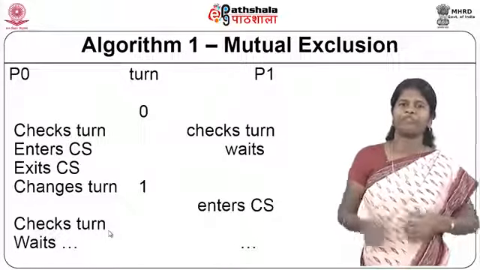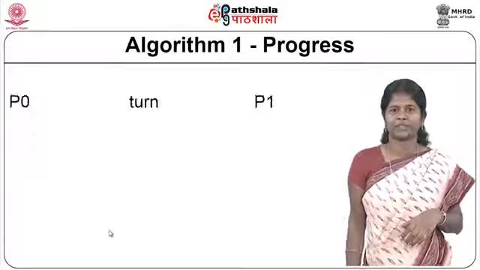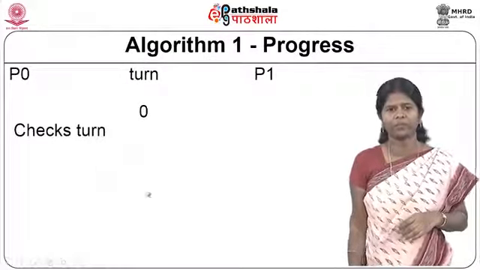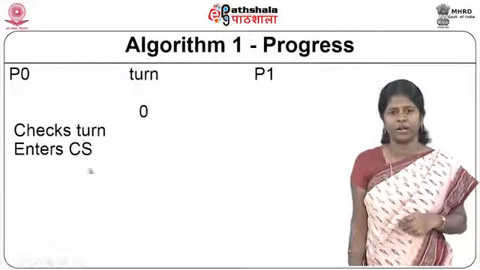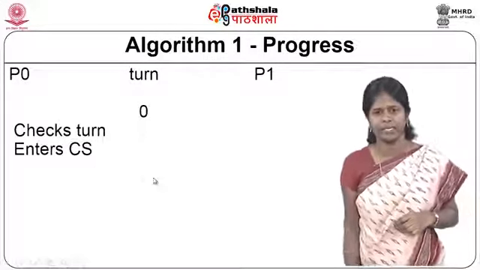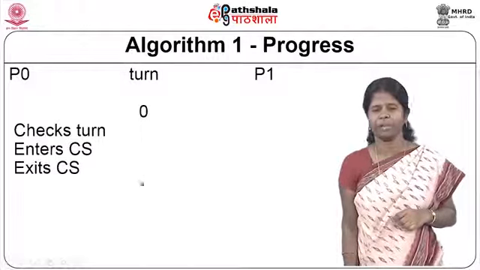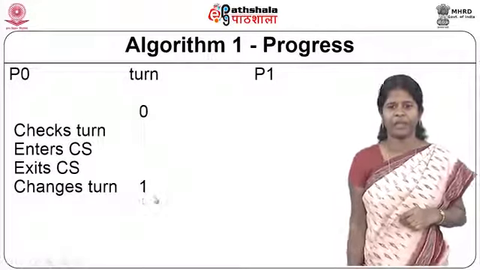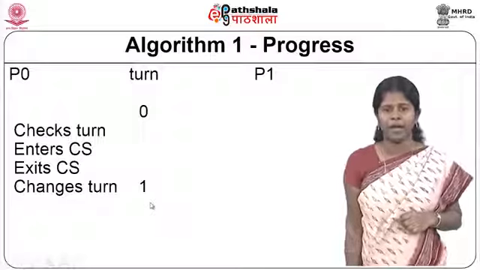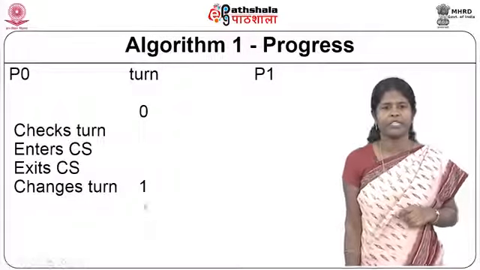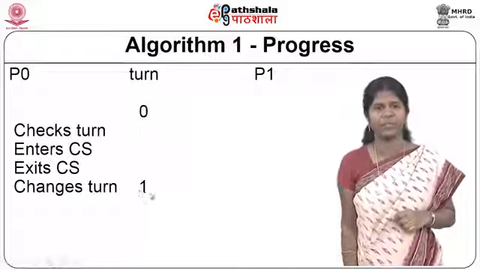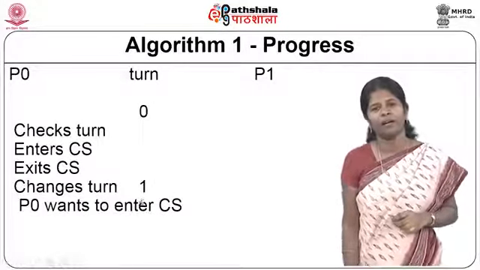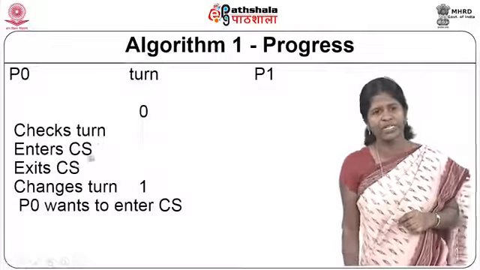Now we will see if progress is satisfied for this algorithm. Initially say the value of turn is equal to 0 and P0 checks the value of turn and enters the critical section. After coming out of the critical section, it changes the value of turn to 1, and then it wants to enter the critical section the next time.